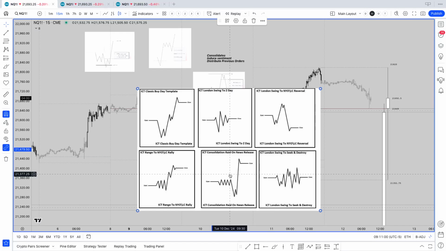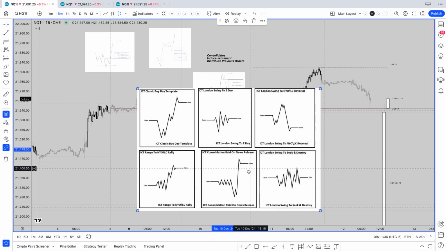So what I did is I studied which profiles are better in order to take risks in the market. So for me, the best three profiles are the classic buy day, the ICT range to New York London close rally, or the consolidation and raids on news release.